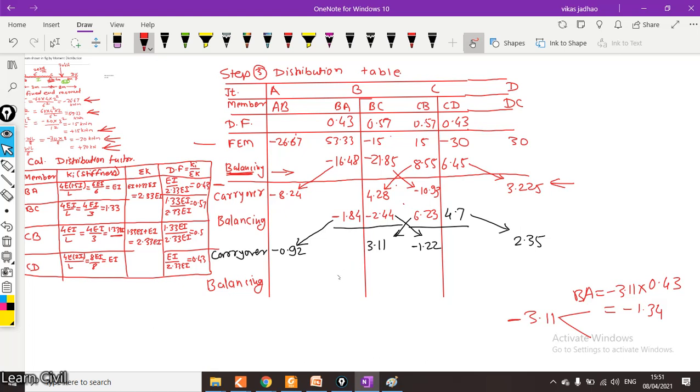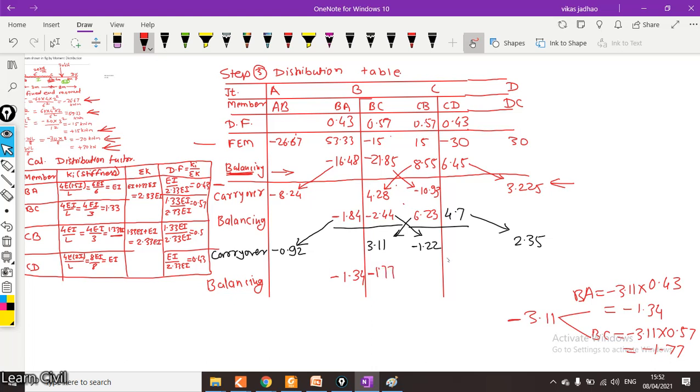So we will have minus 1.34 here. Now for the BC member, the balancing moment will be minus 3.11 multiplied by the corresponding distribution factor, 0.57, which is equal to minus 1.77.